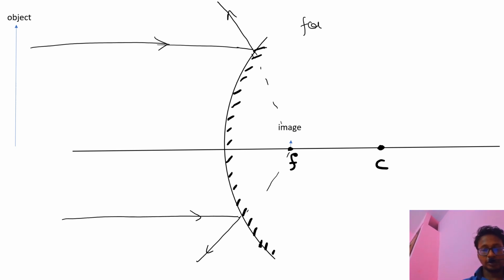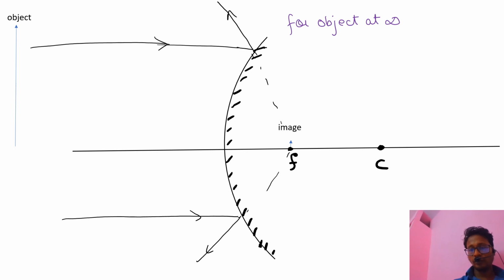Let me write down the sentence. For object at infinity, virtual image would be formed at focus.